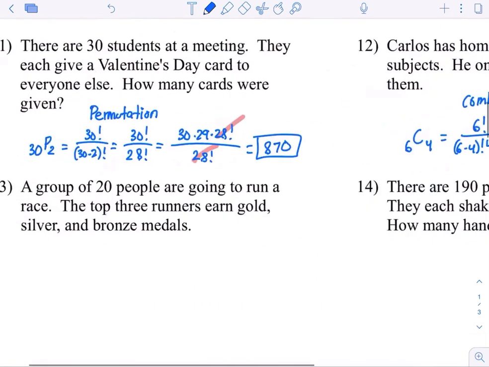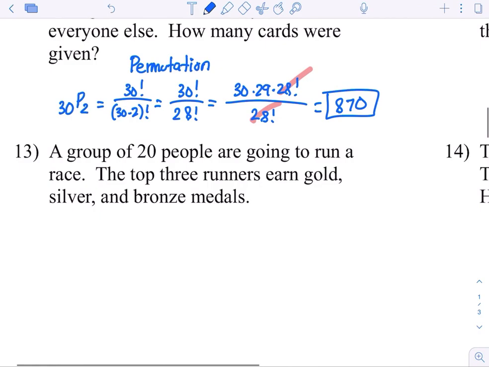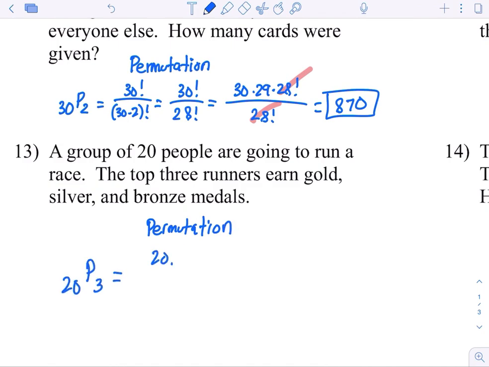Okay, 13. A group of 20 people are going to run a race. The top 3 runners. So since there's going to be top 3 runners, that means there's a specific order. So that means this is going to be permutation. We're going to have 20 choose 3 of them. 20 factorial over 20 minus 3 factorial. 20 factorial over 17 factorial.